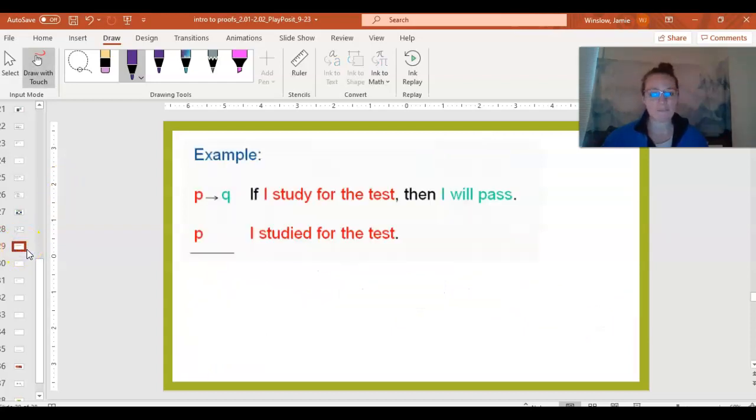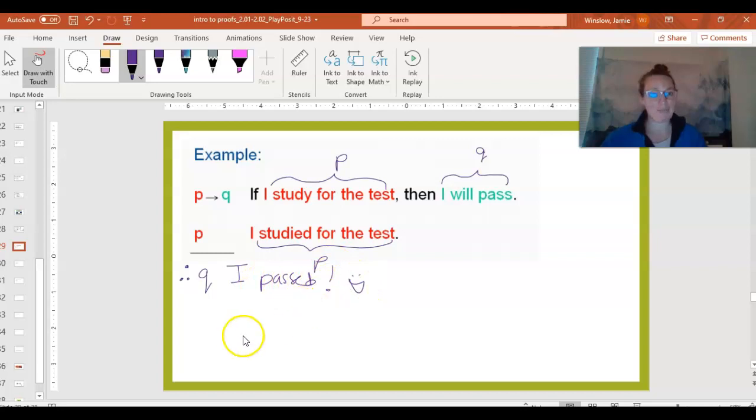Let's look at some. If I study for the test, we're going to let this represent P, then I will pass, this represents Q. We're going to say that's true, realistically. So I studied for the test, P. See how those match? Study for test, that's P. So therefore, Q is true. I passed.